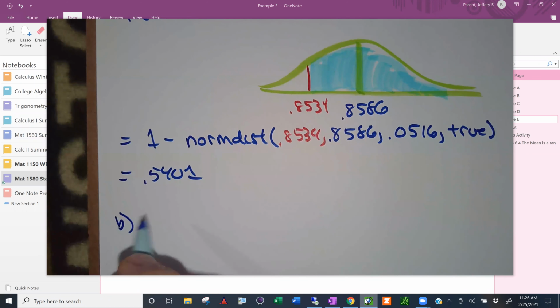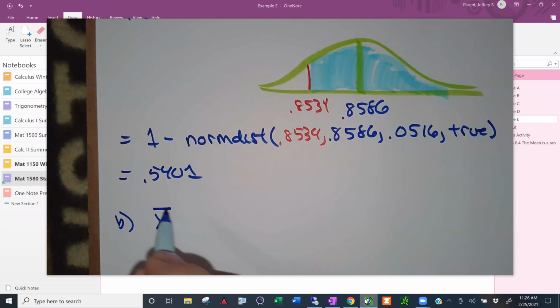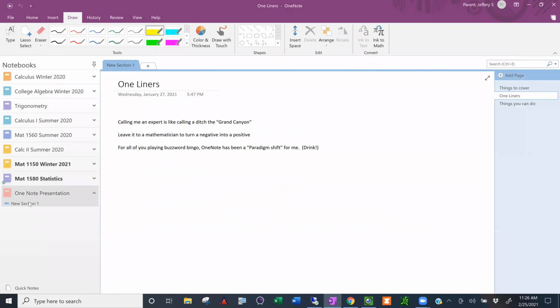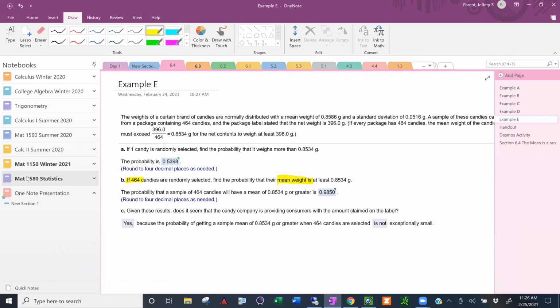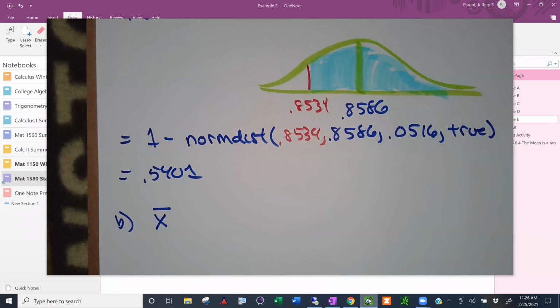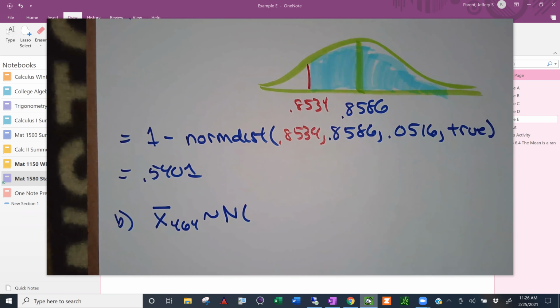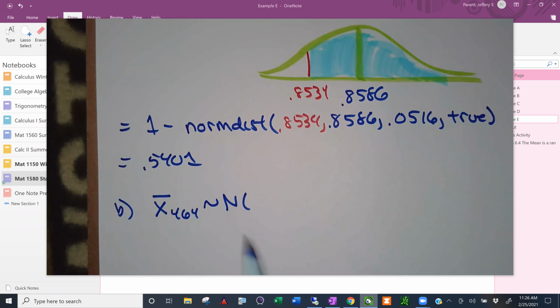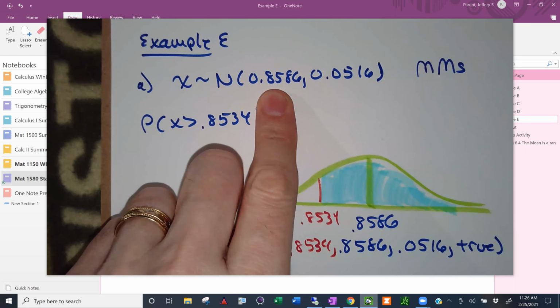For part B, it's going to be X bar for samples of size 464. I like to write that 464 here just to remind myself. You don't have to. These are going to be distributed normally, with the same mean, 0.8586.